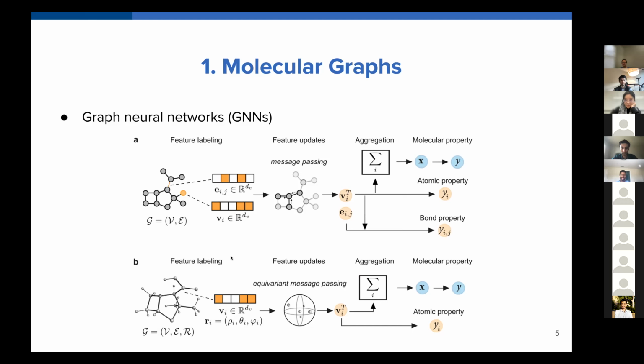Similarly, for a 3D graph where we have the added coordinate information, we can also do local predictions, such as atomic property predictions, and we can also aggregate information from all of the vertices and run molecular property prediction.